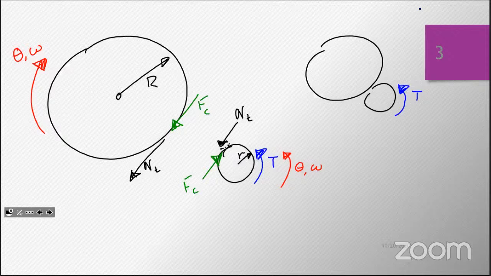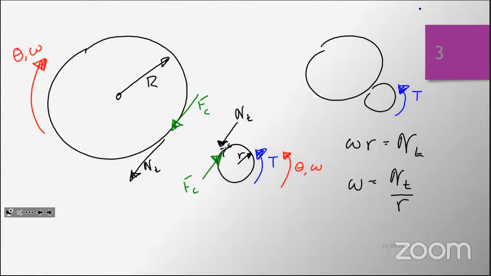But I want to find omega. Well, omega times r is equal to tangential velocity. Please say yes, because it's true, and we learned about it a few weeks ago. So omega times r is v sub t, which means omega is just v sub t divided by r.